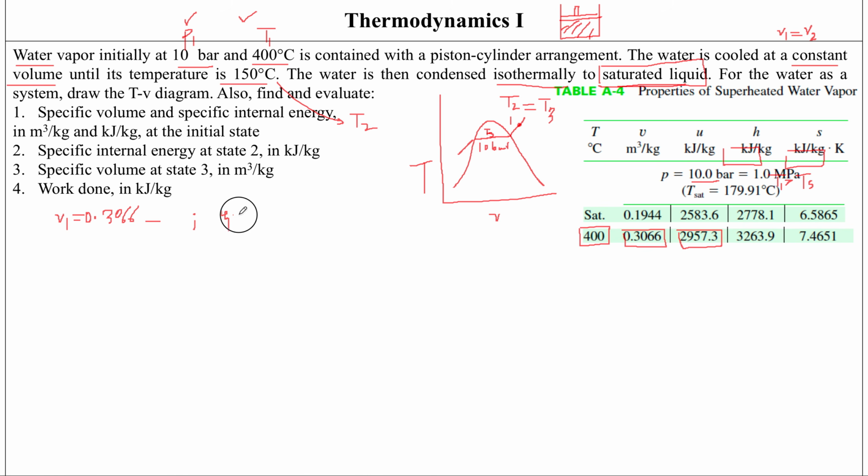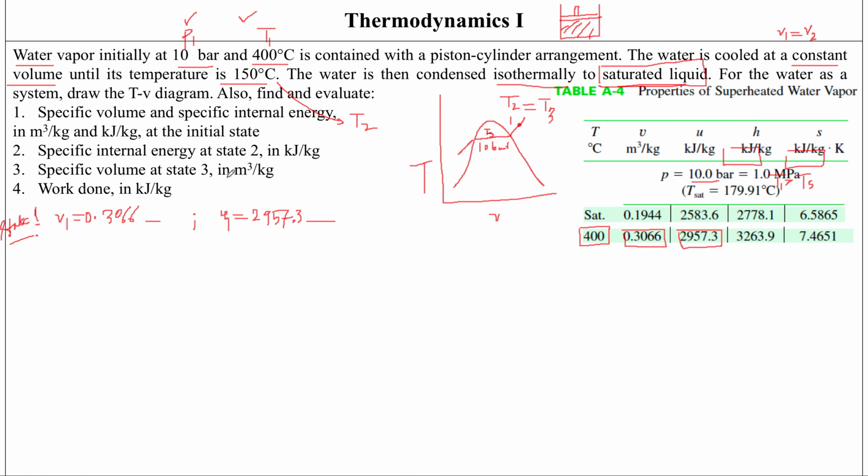So u1, small case, is equal to 2957.3. Again, make sure you write the units next to it. It's kilojoules per kilogram. So I've got state 1 sorted now. Now I need to move on to state 2 because I've extracted the relevant information for state 1.